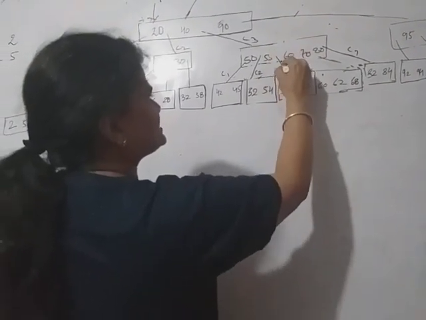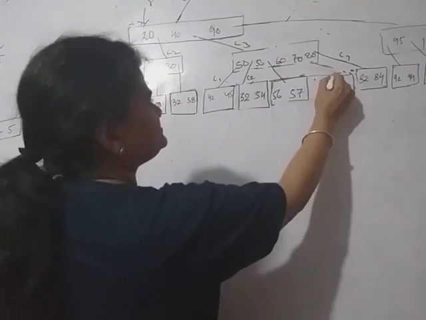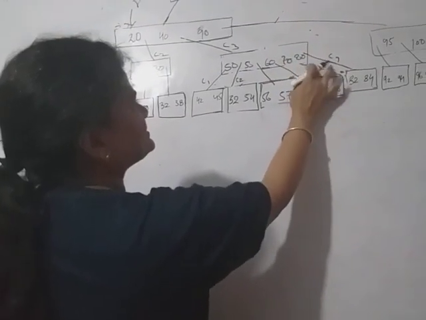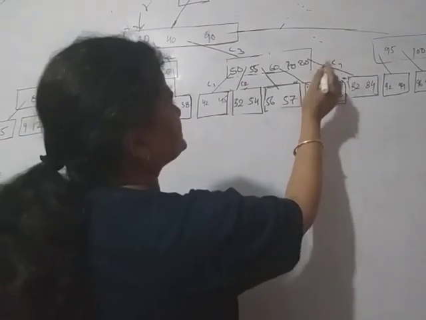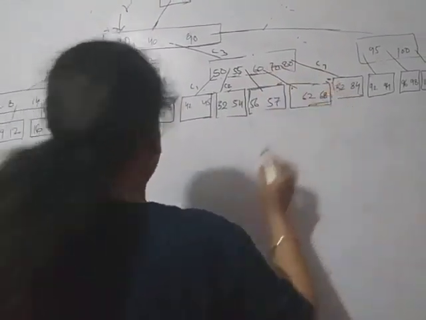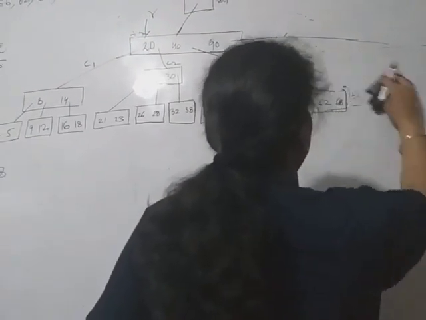Okay, so 60's left child is this one and the right child is this one, and I have not disturbed this 70.